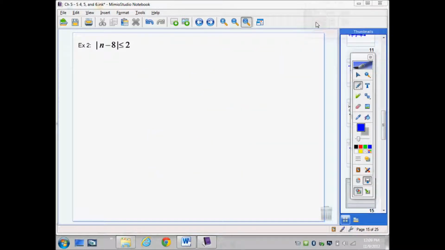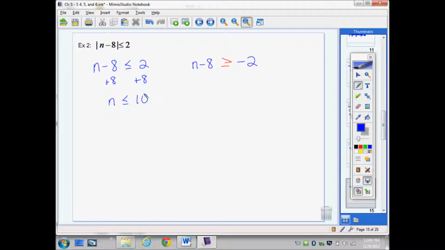Same thing with the less than or equal to. I'm going to take that n minus 8 and I'm going to set it less than or equal to 2. And then I'm going to do n minus 8 is greater than or equal to negative 2. Okay. We'll add 8 to both sides. So I get n is less than or equal to 10. I'll add 8 to both sides over here. So I'll get n is greater than or equal to 6.